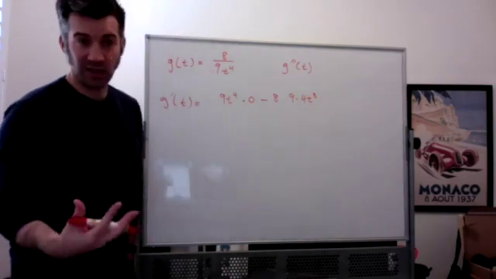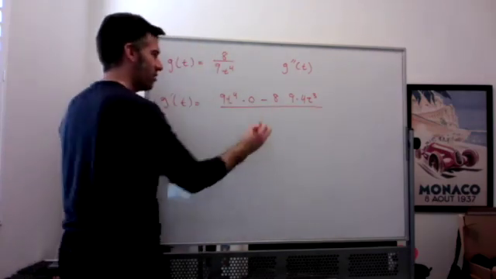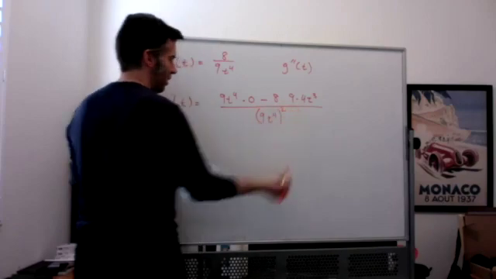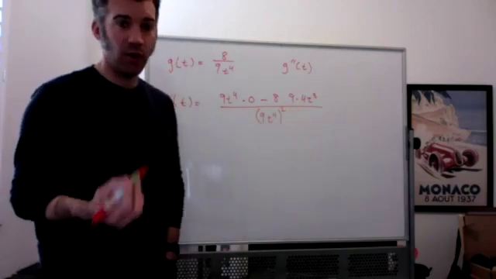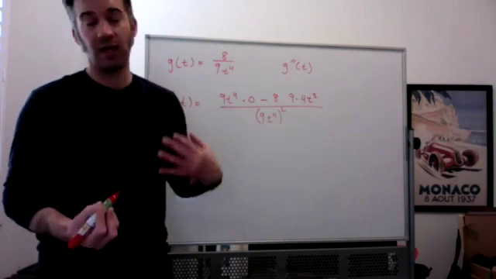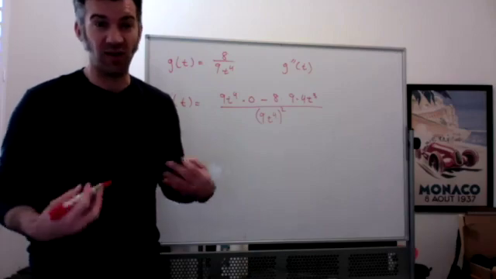I know that would be 36t cubed, but I know that the bottom is going to get squared. So that's going to be 9t to the 4th quantity squared. And the point I'm going to make here is, if you're going to take a second derivative especially, it's really in your interest to simplify your first derivative as much as you can before you differentiate again.